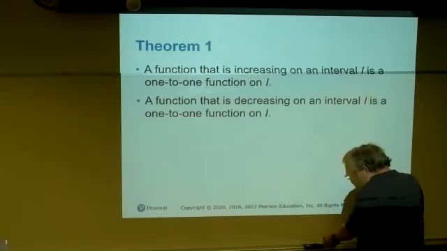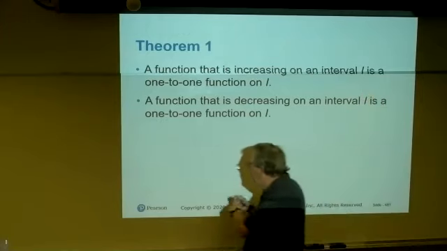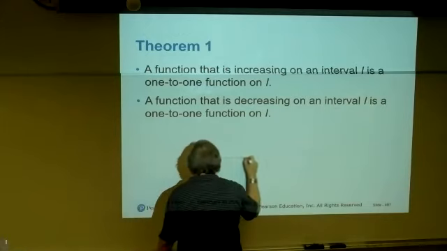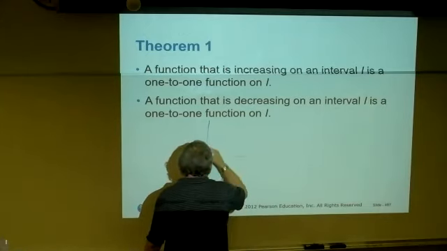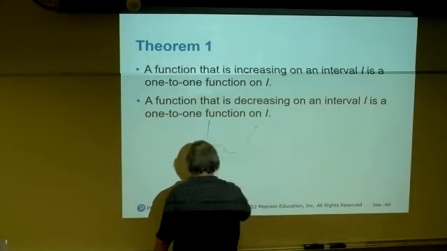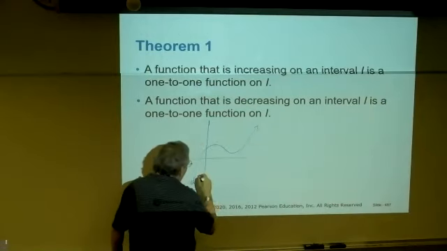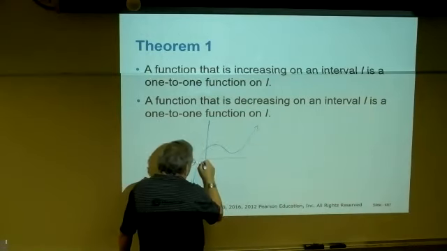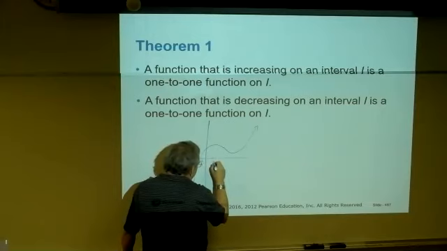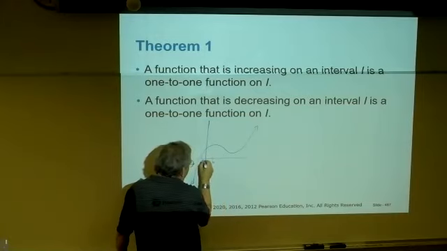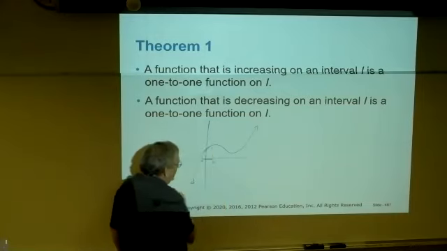But if we look at the graph of a function, say it goes something like this, then I can look at intervals like from A to B here. In this interval, the graph is increasing.